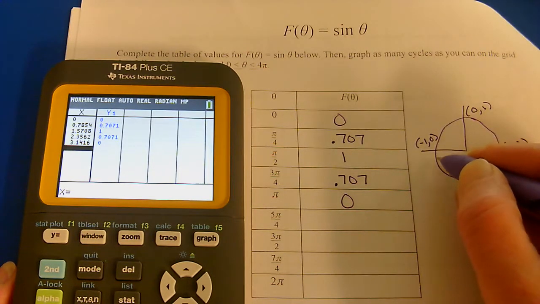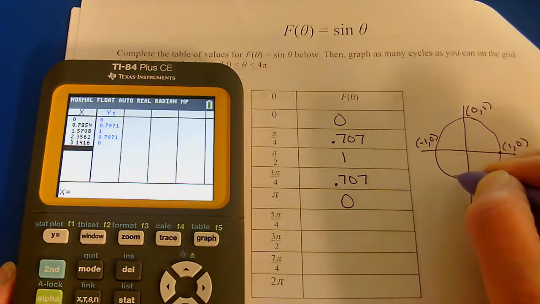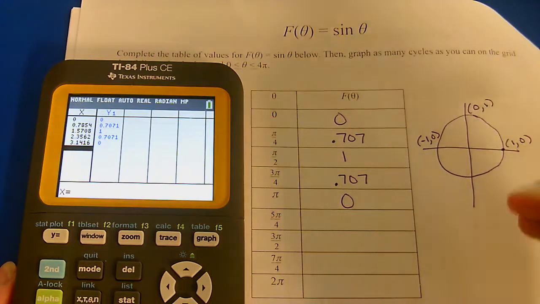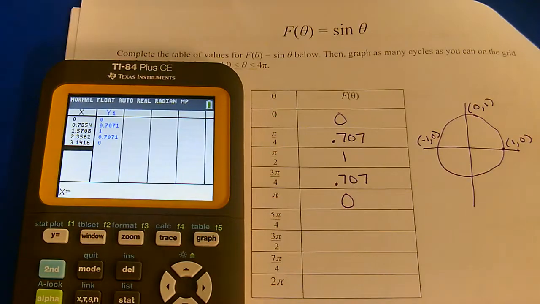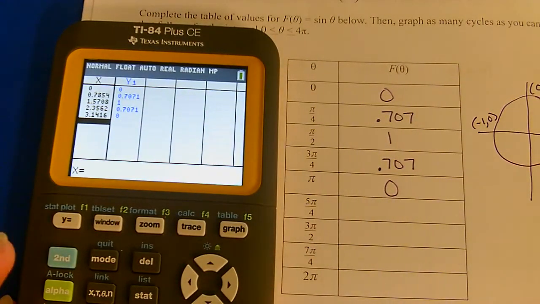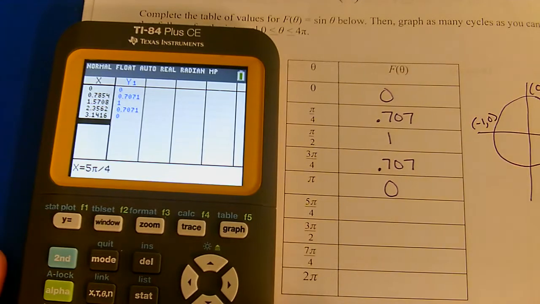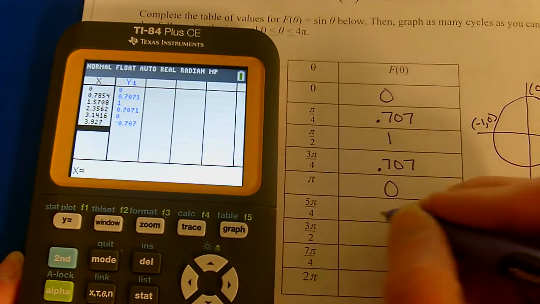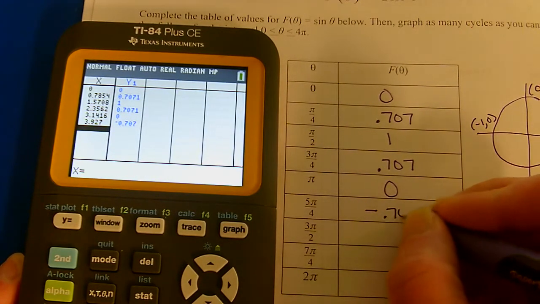Now as I go around the unit circle, my y values go negative. So watch what happens when I type in, I'm going to zoom in a little bit onto that camera. If I put in 5 pi over 4, I get negative 0.707.